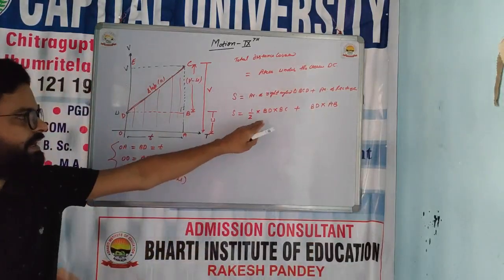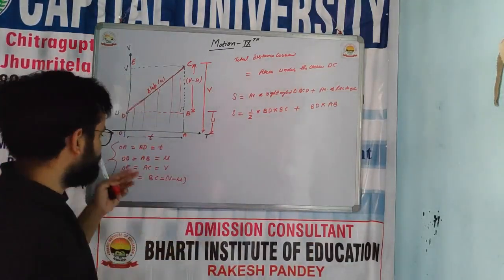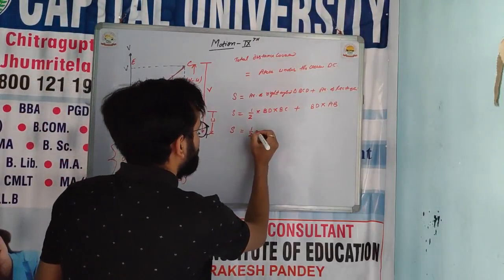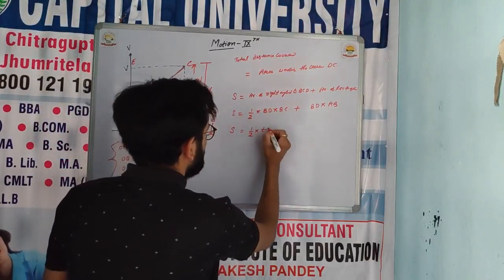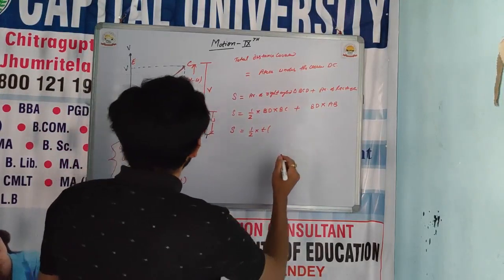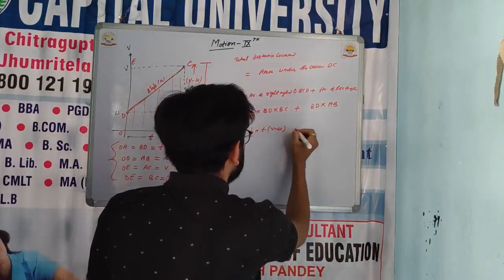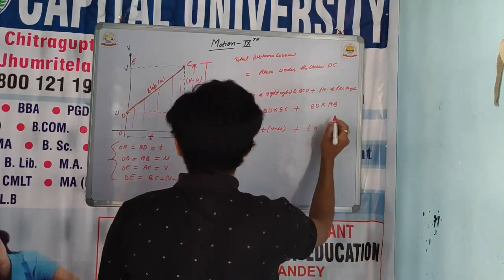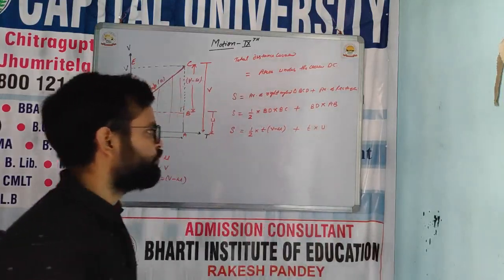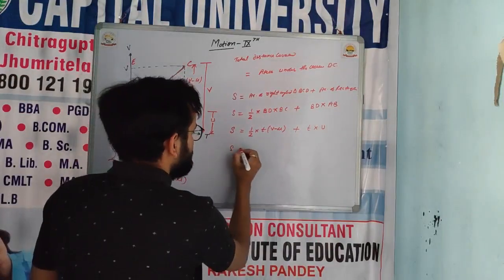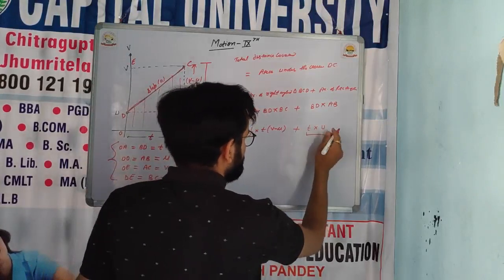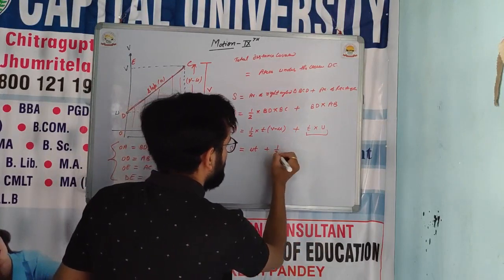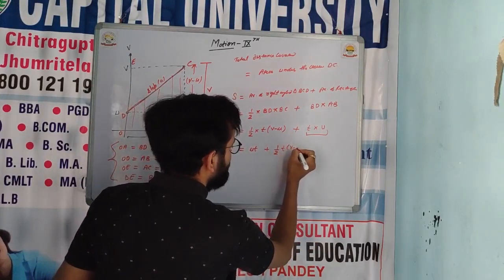Now on putting the values of BD, BC, AB from above, we have S equal to half, value of BD is T, into BC means V minus U, plus BD is T and AB is U, the initial velocity. So S equal to UT plus half T into V minus U.